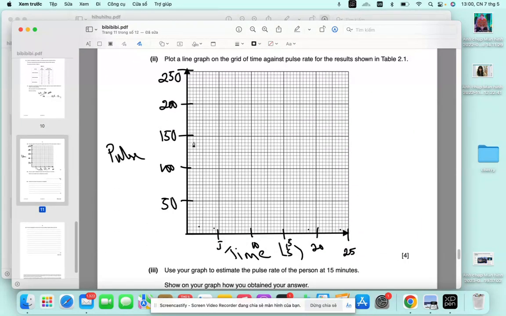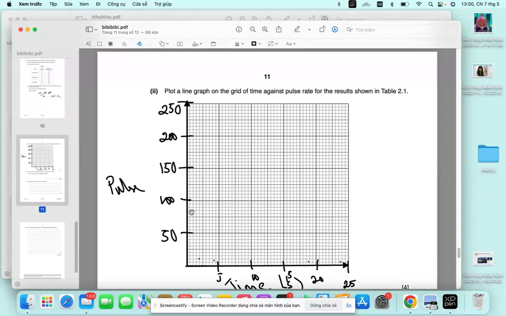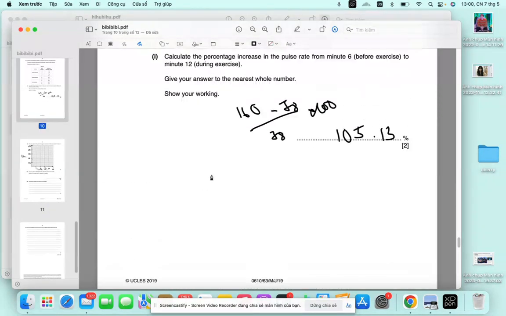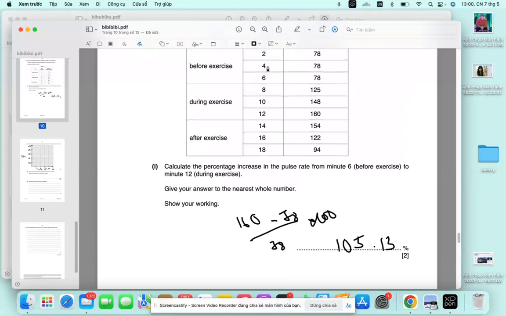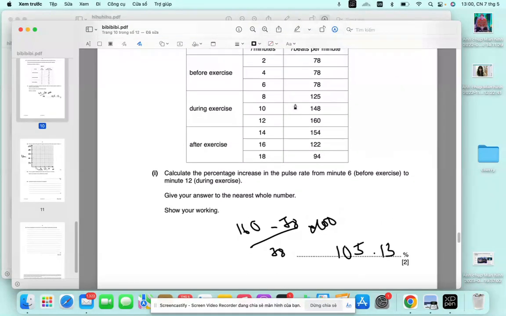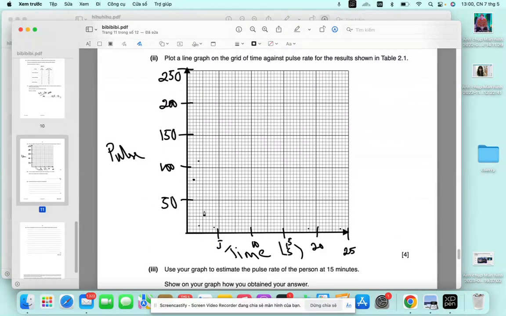2 is probably over here. 78 is around here. Might be a bit lower. And then 6 is 78. So 4, they have the same. Okay.